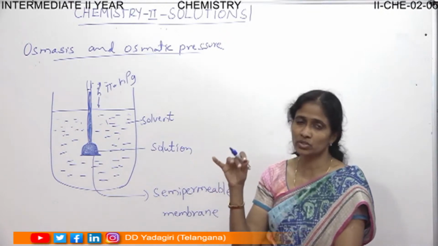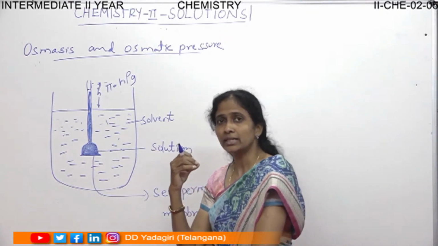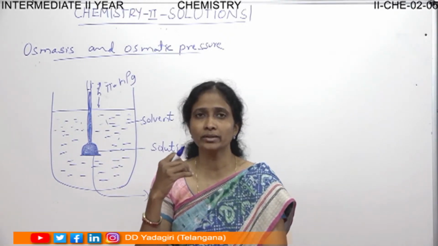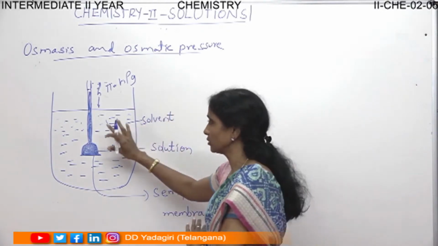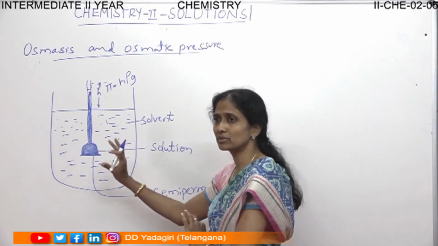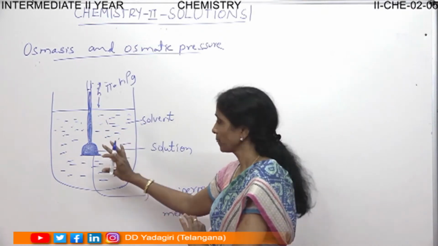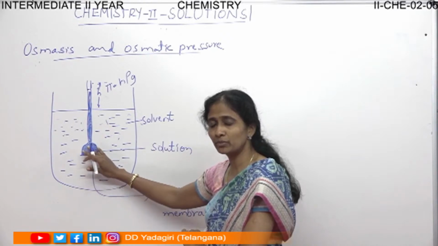What is osmotic pressure? Osmotic pressure is what stops the process of osmosis. That means the solution will remain as solution and the solvent will remain as it is, with no movement of molecules through the semi-permeable membrane.